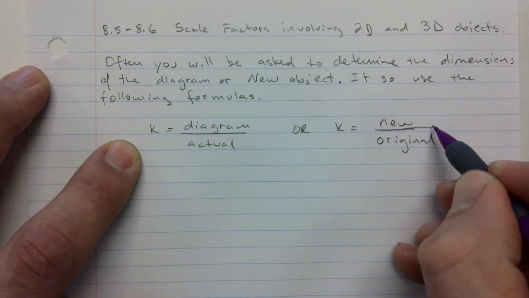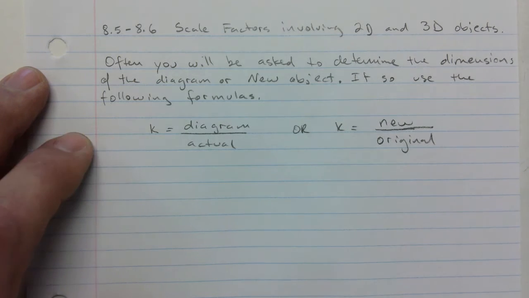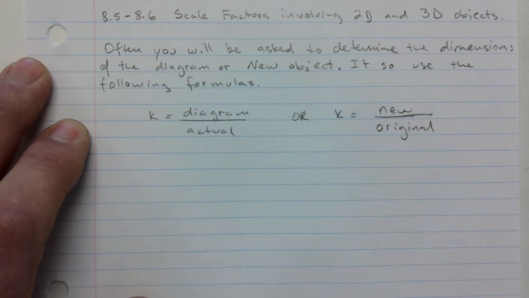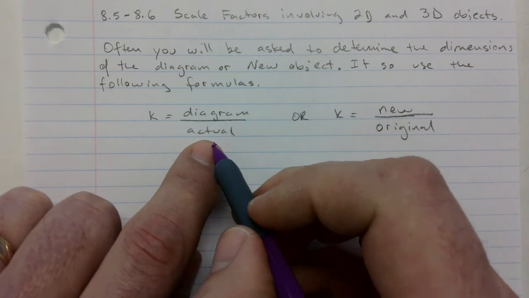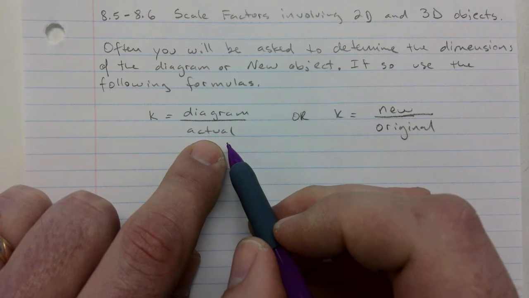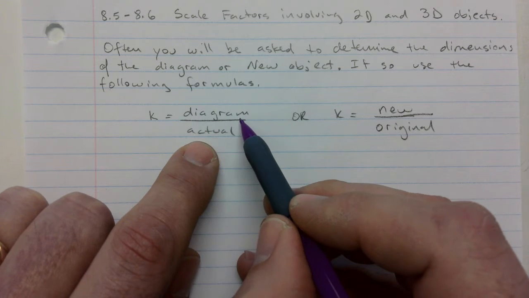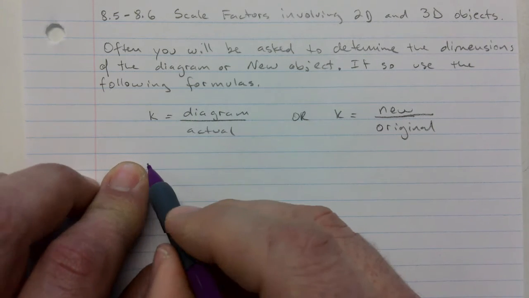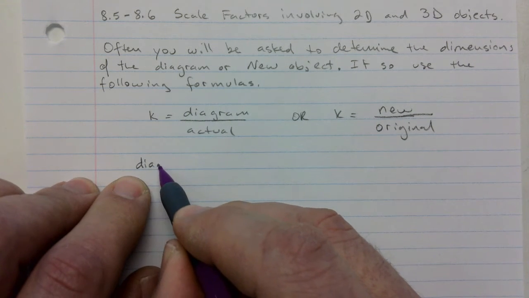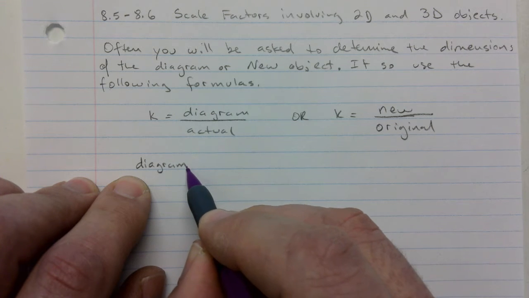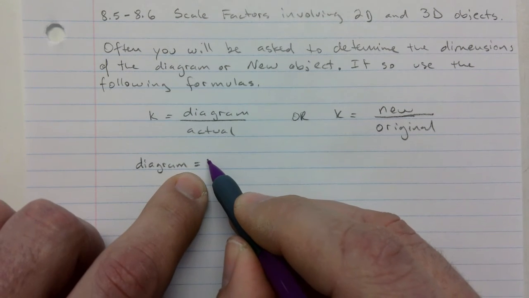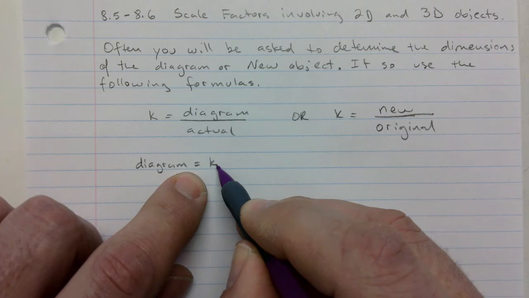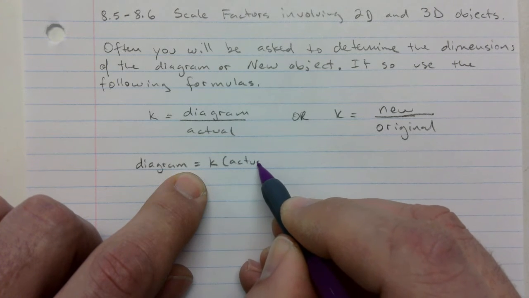That's when you're making a copy of something, a replica, okay? So we can always say that to find the dimensions of the diagram, diagram is equal to k times actual.